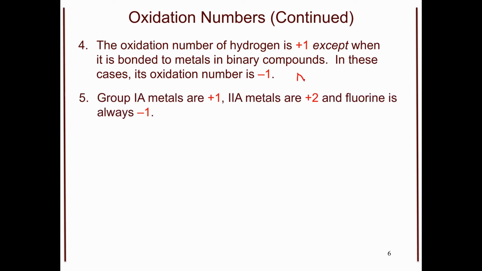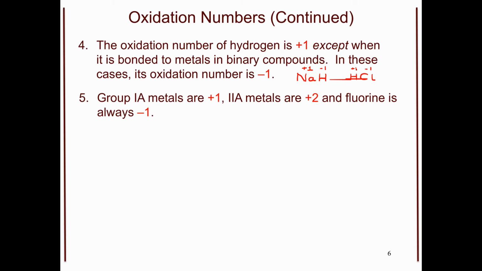If I have sodium hydride, my sodium would be +1 and my hydride would be -1. This would be different than, say, HCl, in which Cl would be 1- and our hydrogen is 1+. So when dealing with the oxidation number of hydrogen, if the hydrogen is bound to a metal, it is -1. If it is bound to a nonmetal that is more electronegative, then it will become +1.